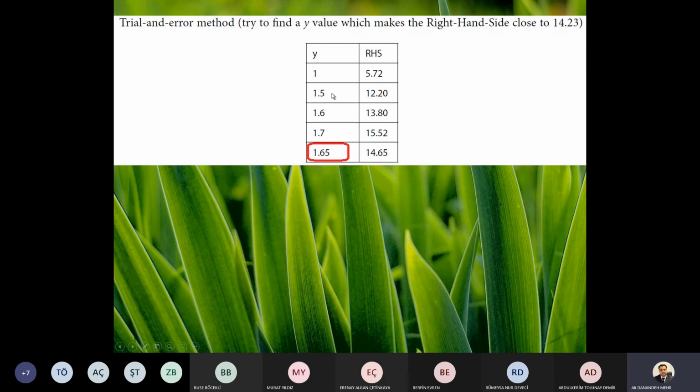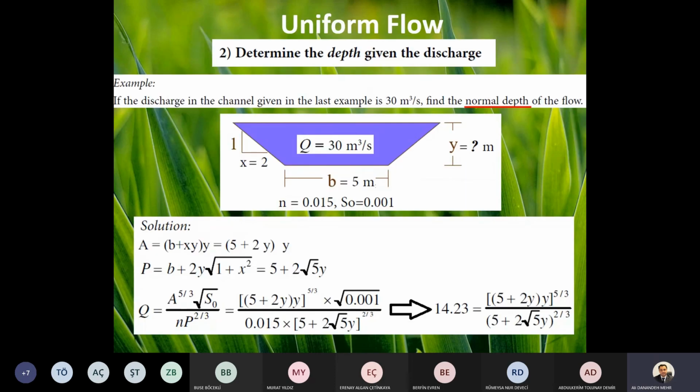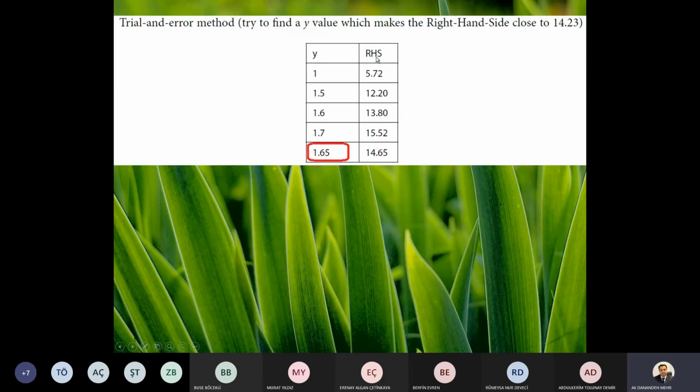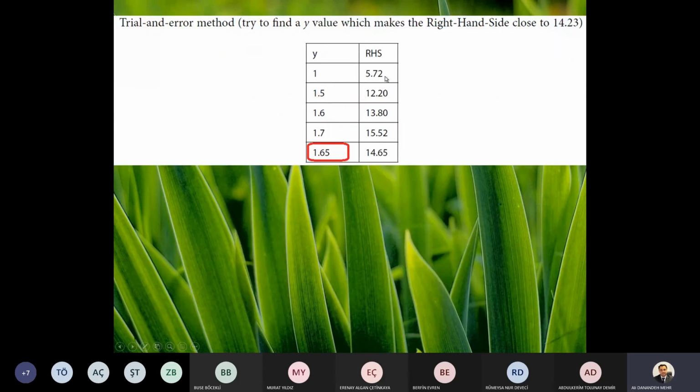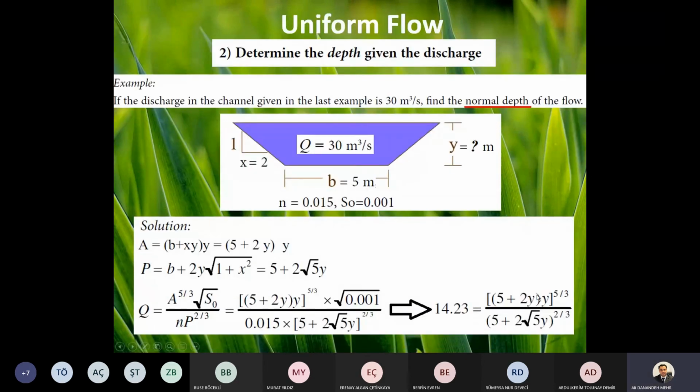I assume that the depth is 1, and then calculated the right hand side. I said y should be 1. I calculated the right hand side, RHS, and I saw that it gives me 5.7. So 1 is not my answer.